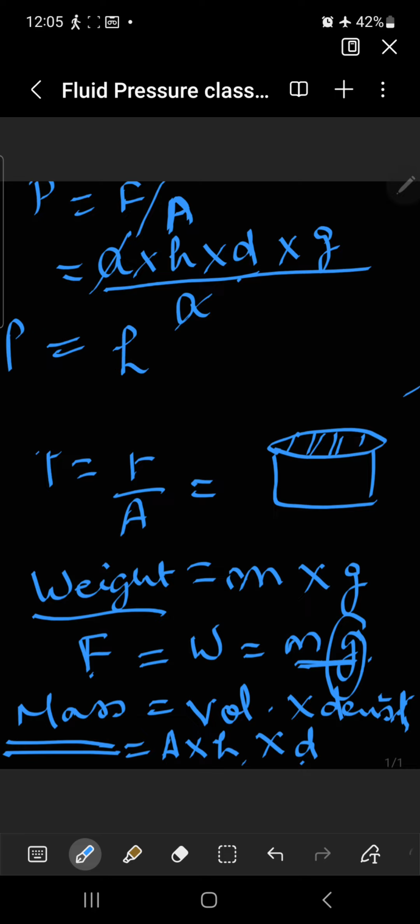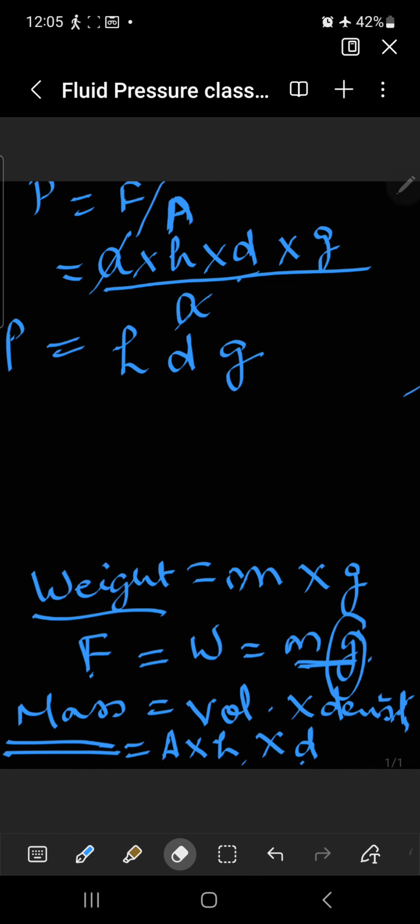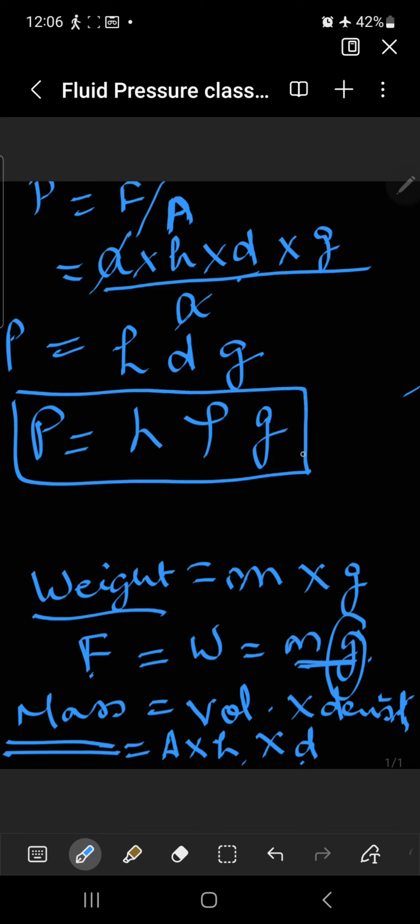Our formula for fluid pressure would be h d g, and in case of fluid pressure we denote density by rho. H rho g would be the formula for fluid pressure.